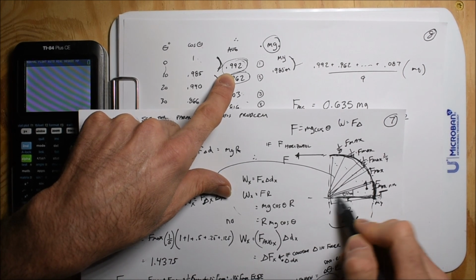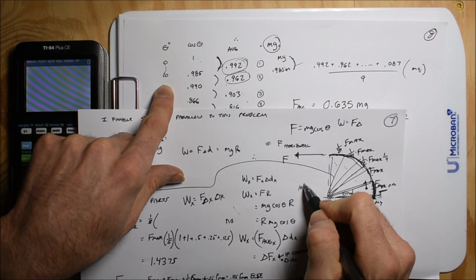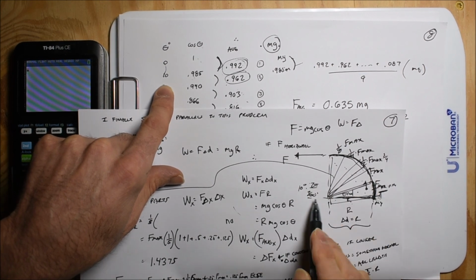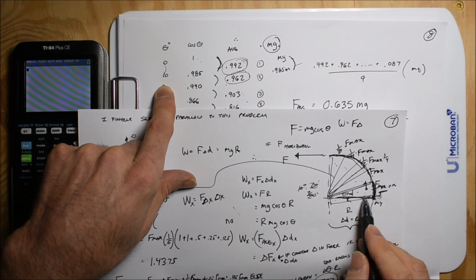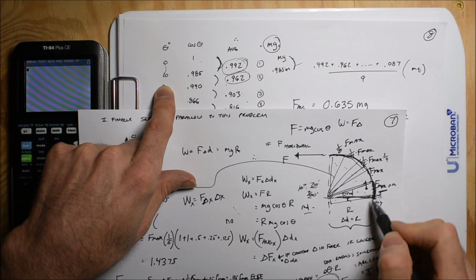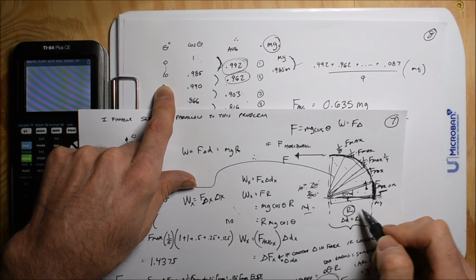It's 10 degrees, and 360 degrees is 2 pi radians. That's your conversion, degrees cancel, you get radians, and then you find the distance. The cool thing about radians is that radians times radius is arc length.